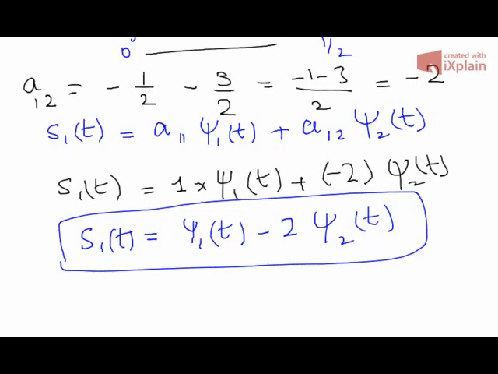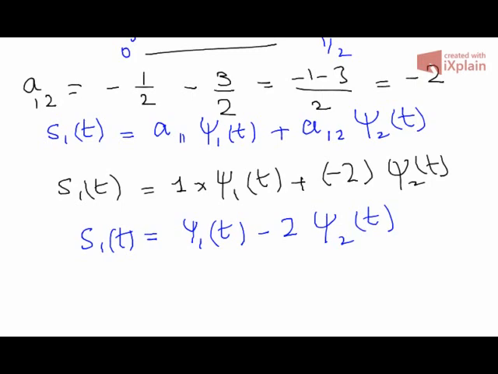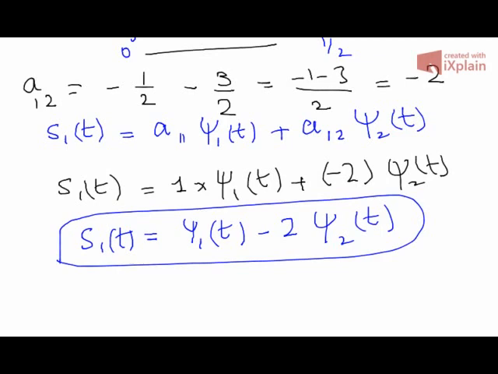Now if you have these a11 and a12, you can represent the vector of signal S1. When we try to write out this signal vector, we usually use bold letters.